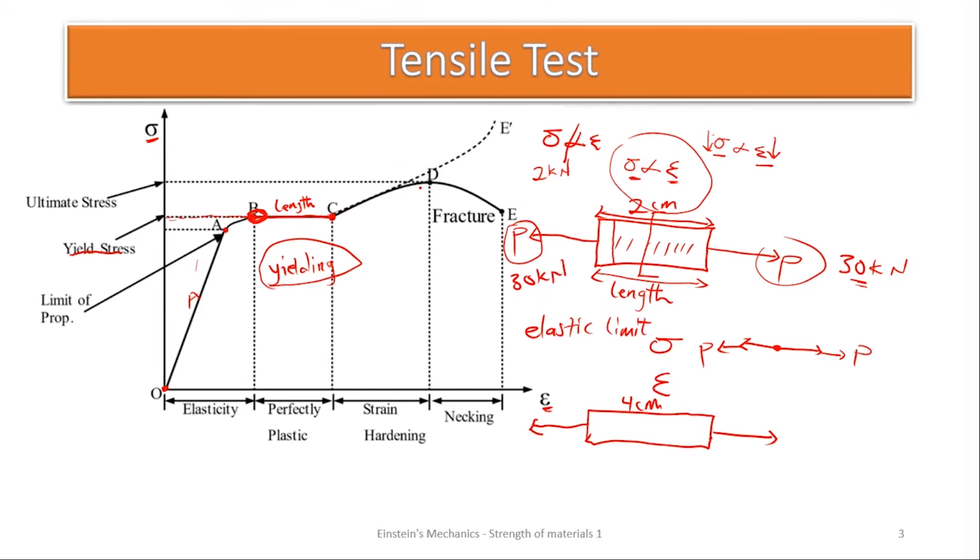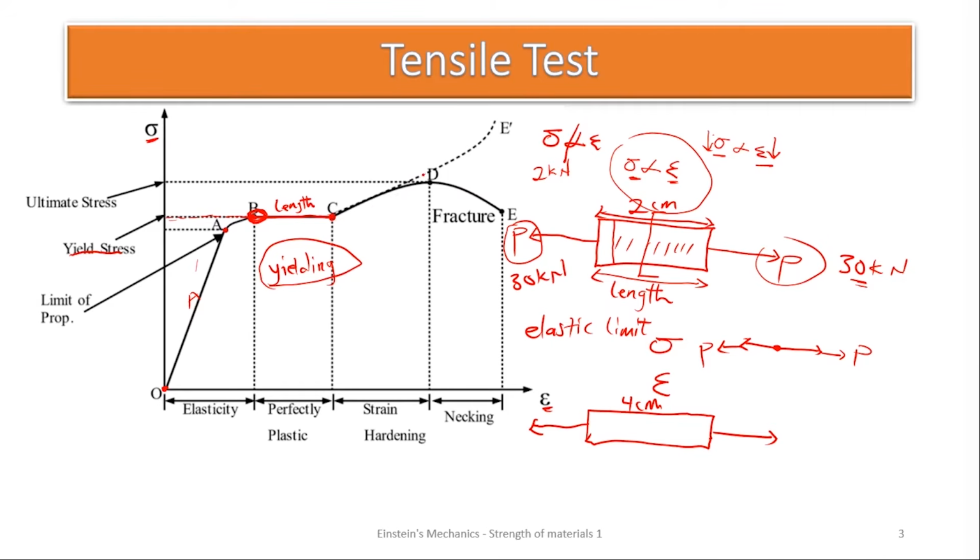Let's see, from C to D, what happens? There is a process going to happen. From C to D, that's what we call the strain hardening. After it was elongated, now it is going to again increase in size.